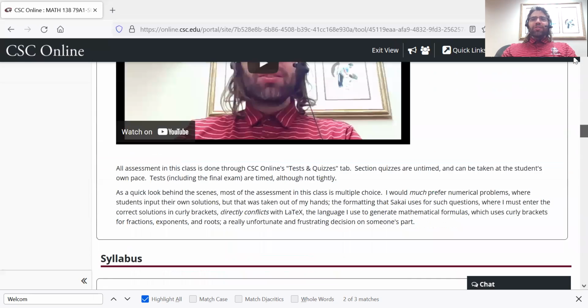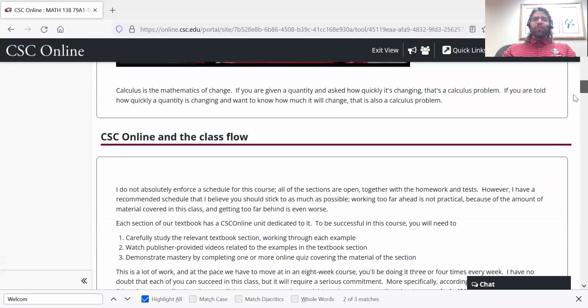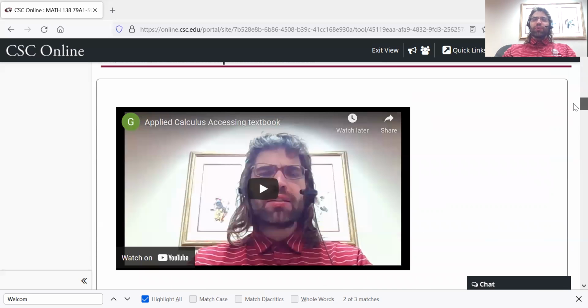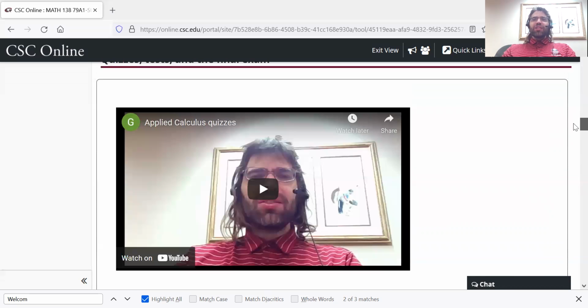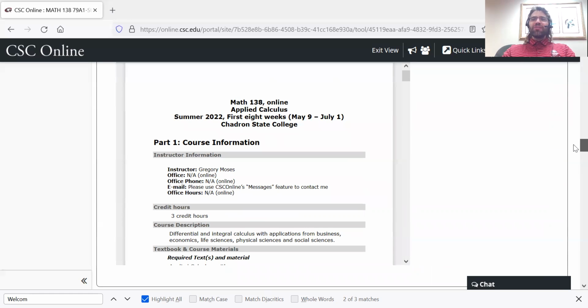Other than that, you can now, well, you can't quite dive into the material. If you're going in order, you'll need to get information about the textbook and see how the quizzes work and read the syllabus.